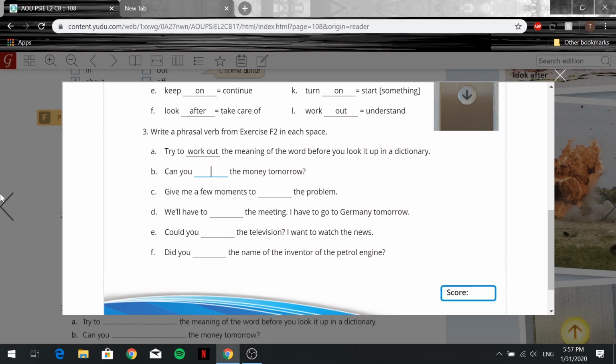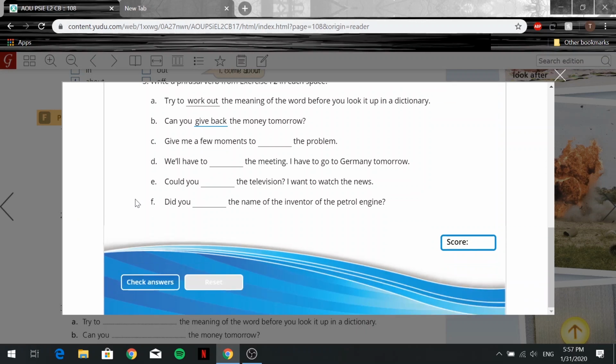We'll say give back the money tomorrow. C, give me a few moments to dash the problem. This one's pretty simple. We'll say sort out the problem. D, we'll have to dash the meeting, I have to go to Germany tomorrow. We'll have to put off the meeting, I have to go to Germany tomorrow.